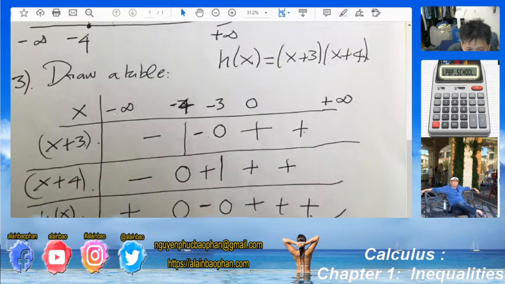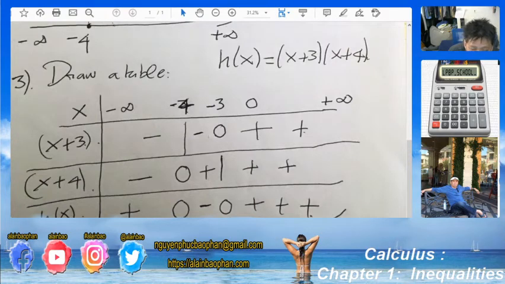From the table, f of x, x plus 3 times x plus 4, will be a positive number if x belongs to this interval from negative infinity to minus 4, but not including minus 4, because when x equals minus 4, then this inequality becomes equality. So it will equal 0.